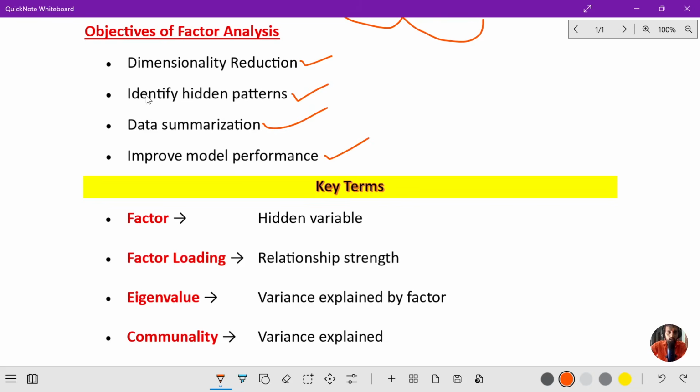So the main objective of factor analysis is dimensionality reduction: we reduce the dimensionality of the data, identify hidden patterns, summarize the data, and improve the model. These are the objectives of factor analysis.